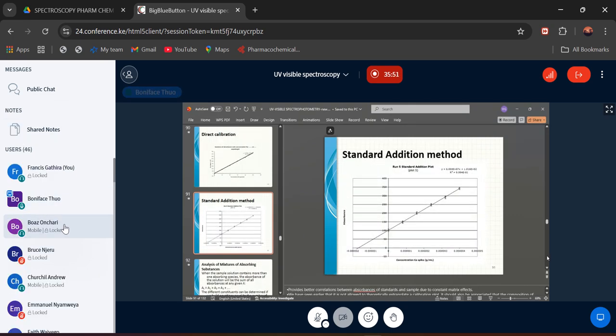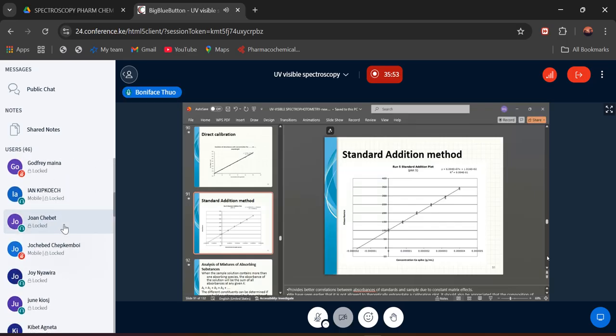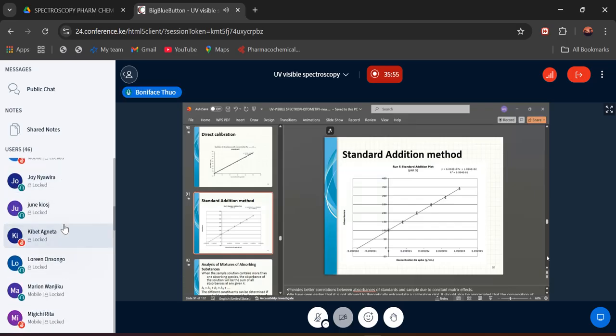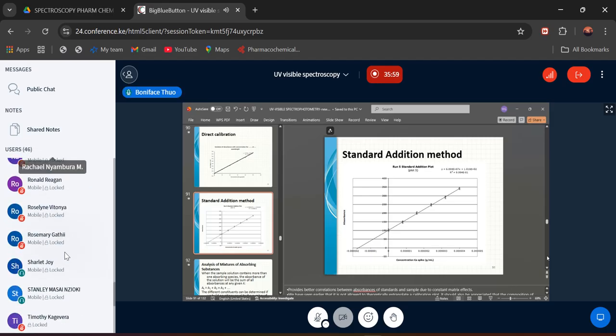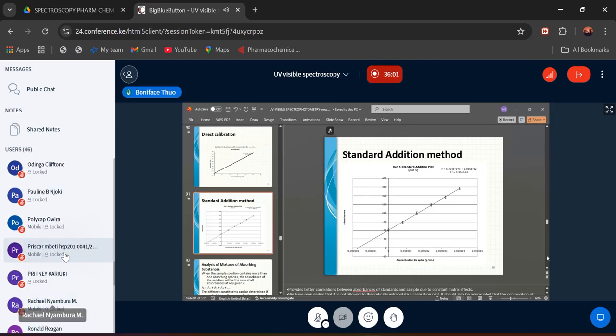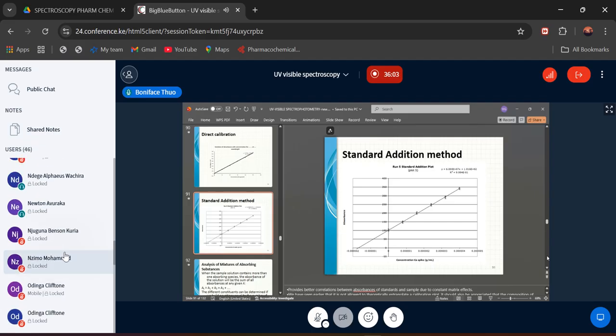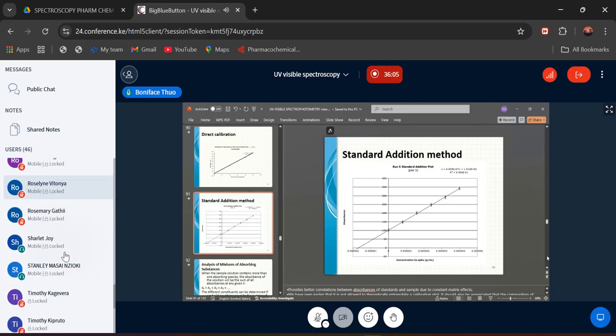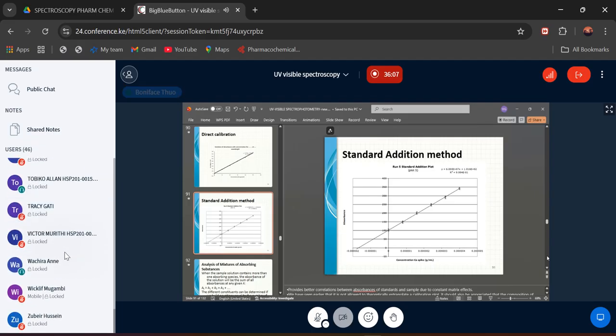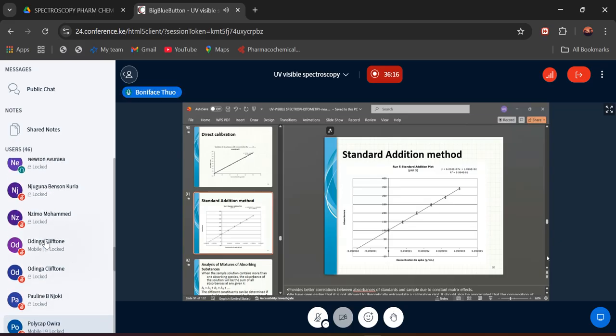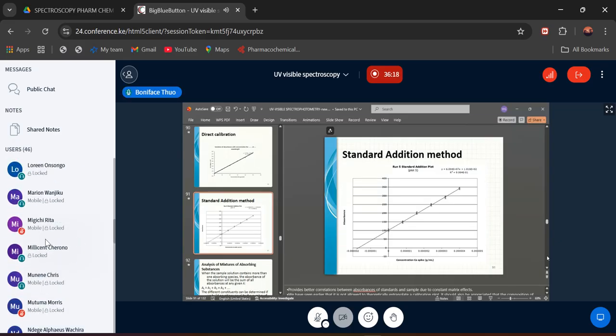This is a different method that is applied, known as the standard addition method. And this method is generally used where it is not possible to account for background absorption. So if you have maybe a very complex medium, then a standard addition method is more applicable.